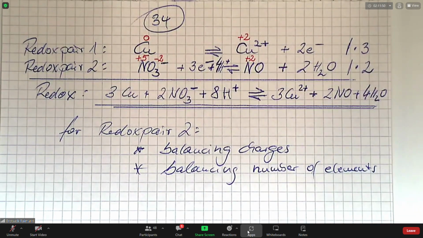So the number of each element must be the same on the left and on the right side. We are not able to create elements or to destroy.